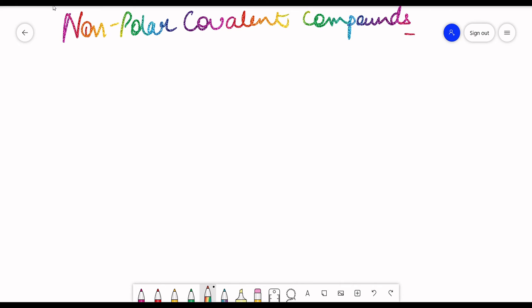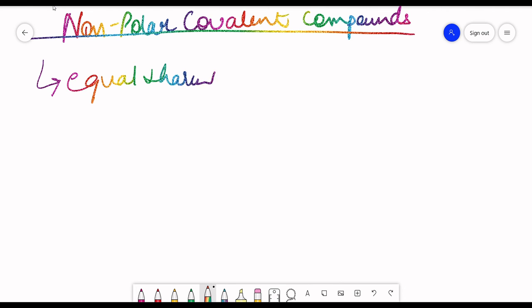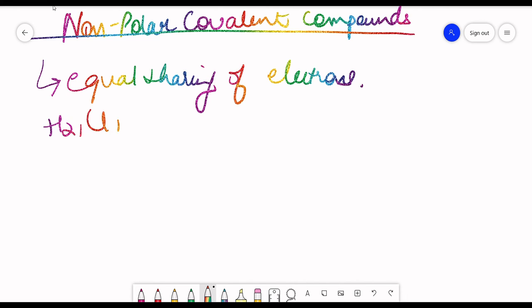Non-polar covalent compounds are those compounds that have equal sharing of electrons, right? Let's take an example of hydrogen molecule, chlorine molecule, oxygen molecule. These are all perfect examples of non-polar covalent compounds.